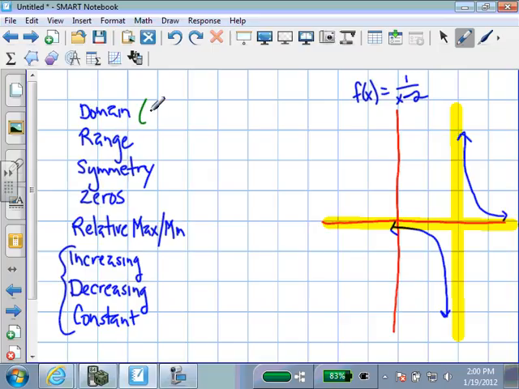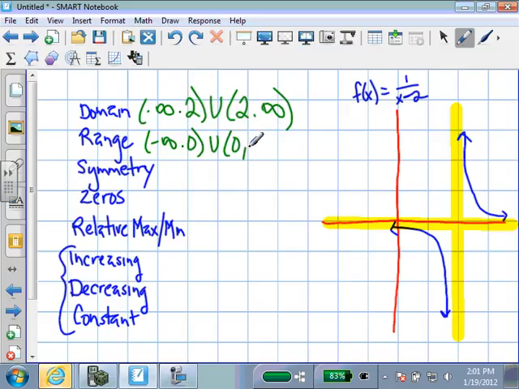So the domain, -infinity to 2, united with 2 to infinity. The range, well, let's see, the y values, all the y values get used up to 0, and 0 doesn't get used. And then from then on, so from -infinity to 0, united with 0 to infinity is our range.